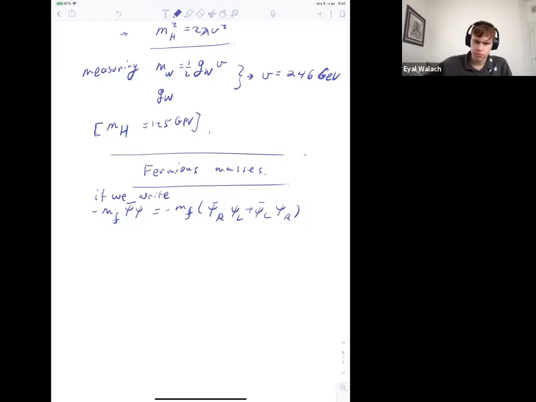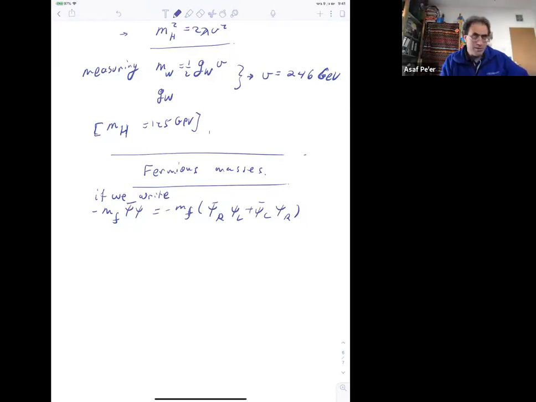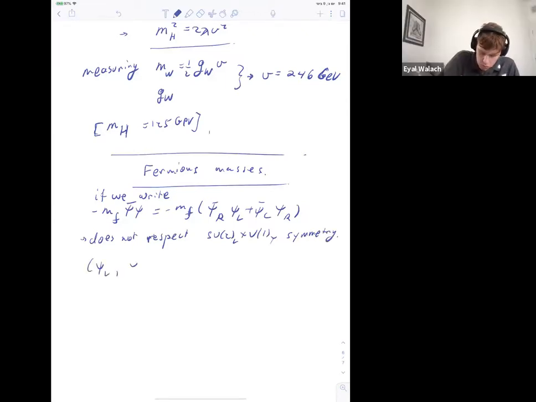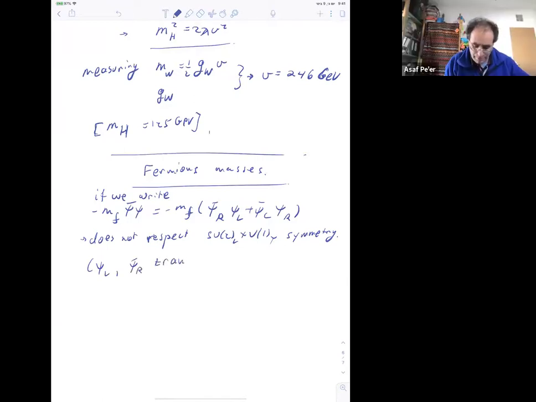Exactly. It does not obey the SU(2)_L times U(1)_Y symmetry, because psi left and psi bar right transform in a different way.